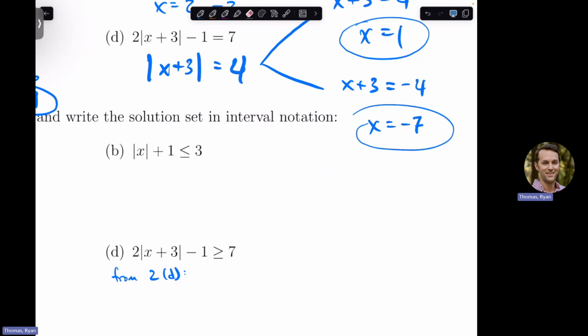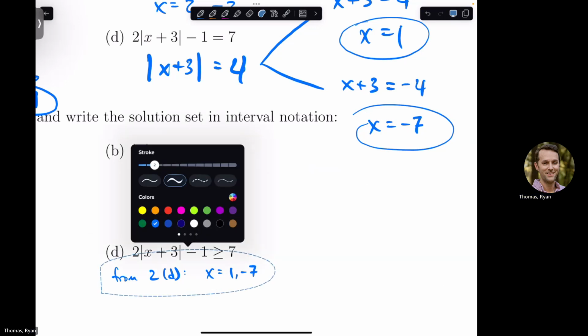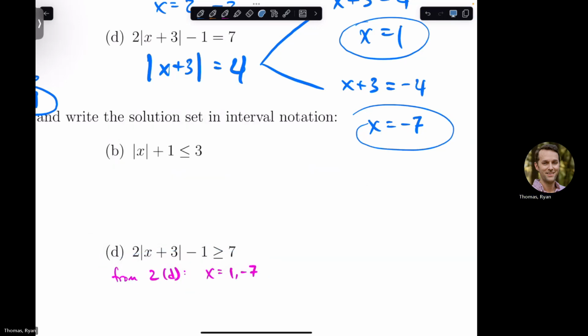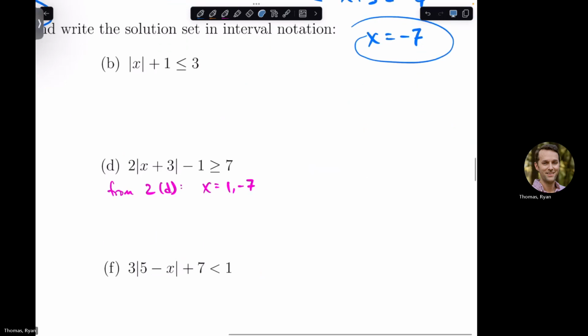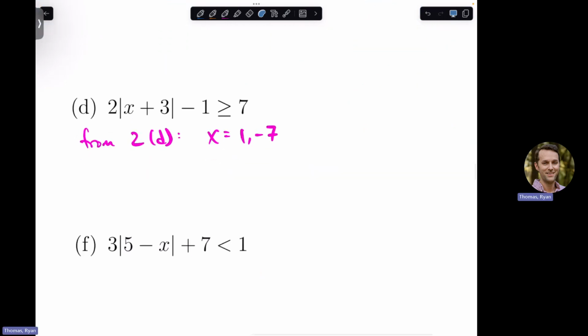So we already did the first part. Got 1 and -7 as solutions to the equation there. That means that -7 and 1 are going to be important in solving the inequality.